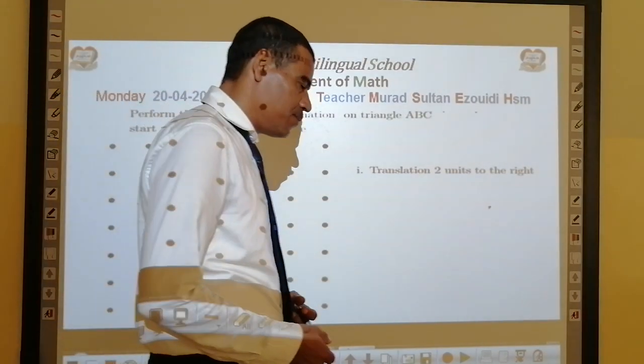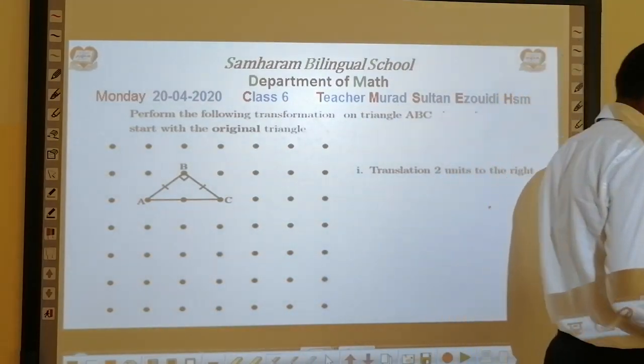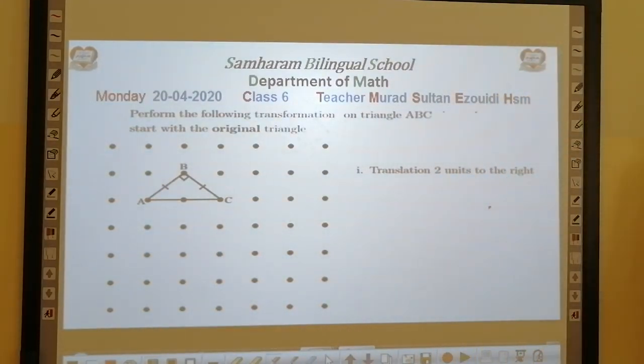Here we have a triangle ABC, such that triangle ABC is an isosceles triangle. It has 2 sides equal in length and 2 internal angles equal.